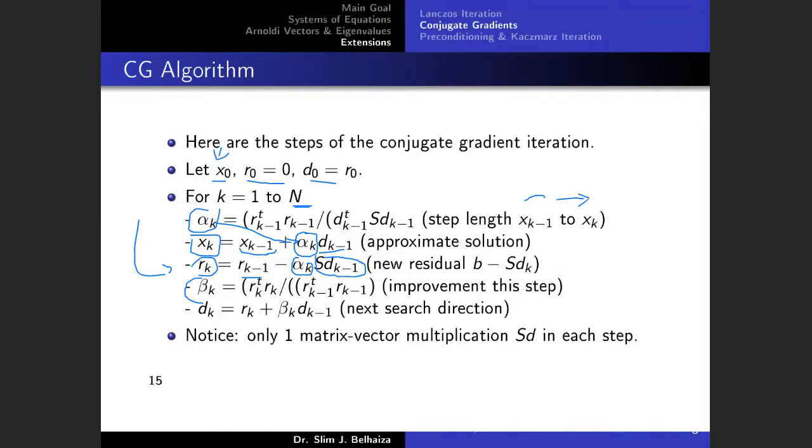So you compute bk, which is rk transpose times rk over r(k-1) transpose times r(k-1), a kind of correction coefficient to update what we call the direction to be used for the next iteration.